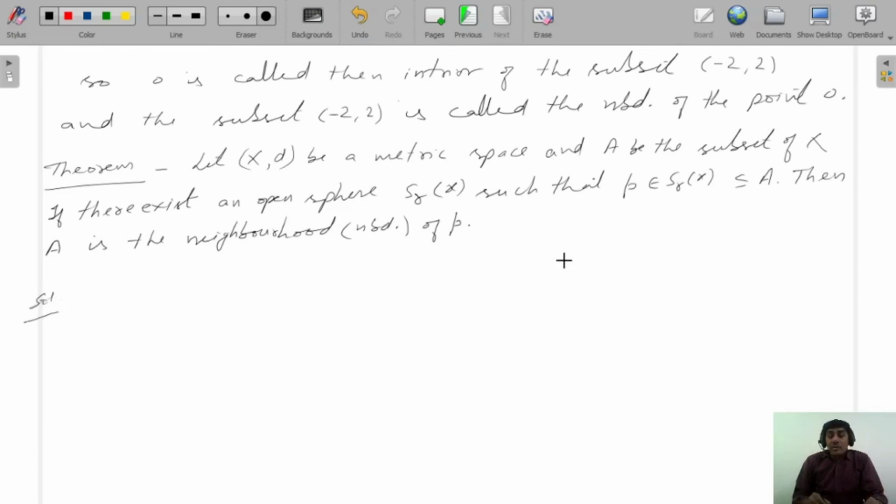Graphically, it is given X is a metric space, a rectangular part.